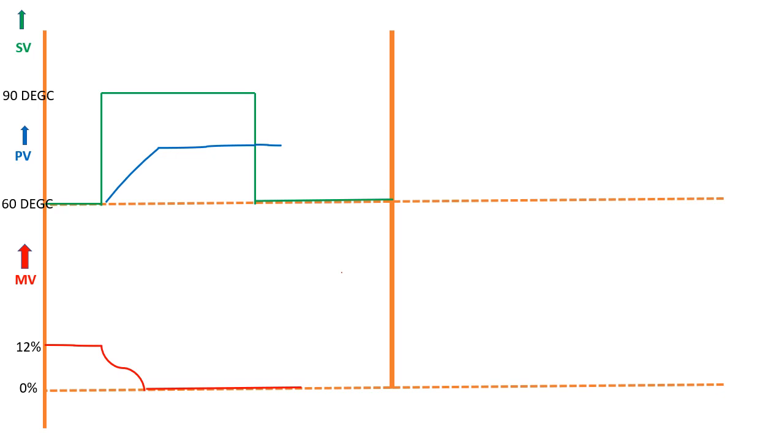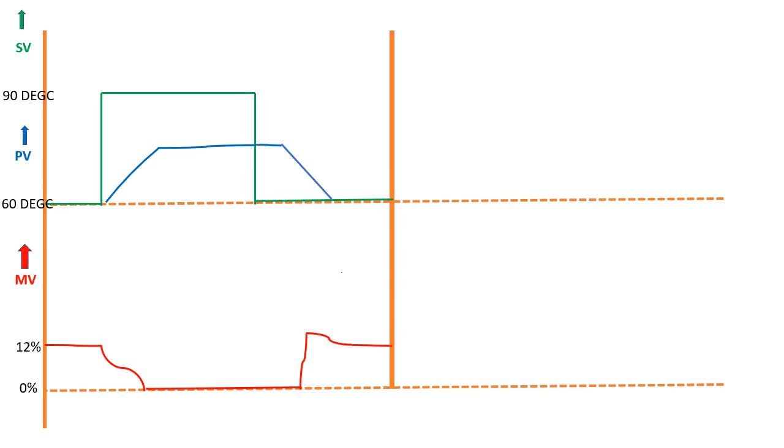It has to nullify the integral action that has gone in the other direction. So there is a delay in action, but ultimately it acts and takes down the temperature value from 75 degrees to 60 degrees centigrade.